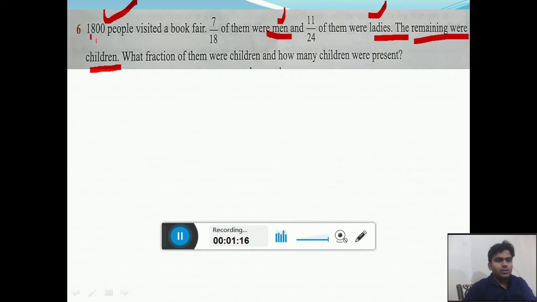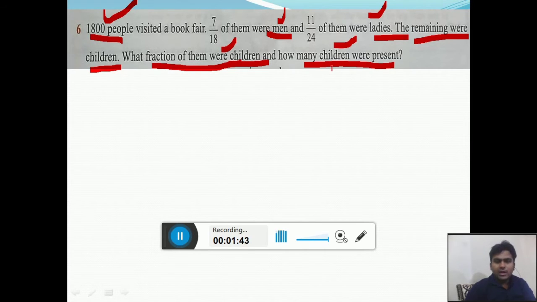From the total, if we subtract the men and women, we get the number of children. In this question it is asked what fraction of the people were children and how many children were present. So two things we have to find here: the number of children and the fraction of children.